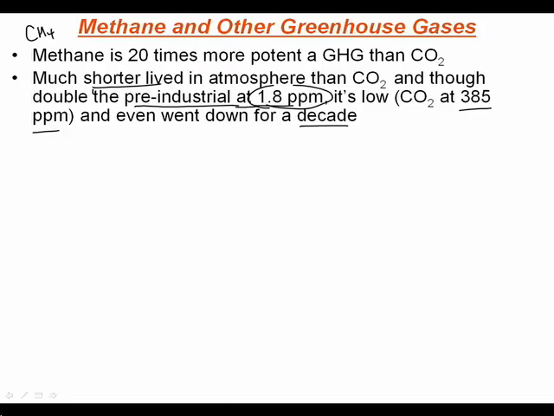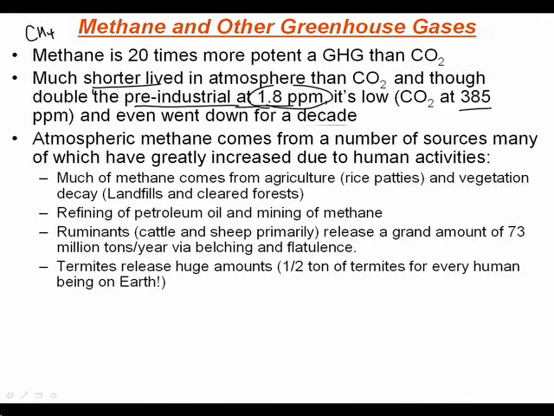Where does it come from? A lot of people laugh about this, especially people who are not familiar with agriculture. Rice paddies, decaying vegetation, we've talked about that a second ago. The landfills, a lot of methane. Refining: if you look at New Jersey and around Louisiana, you have the eternal flame where they used to burn off methane, and it was kind of spooky.